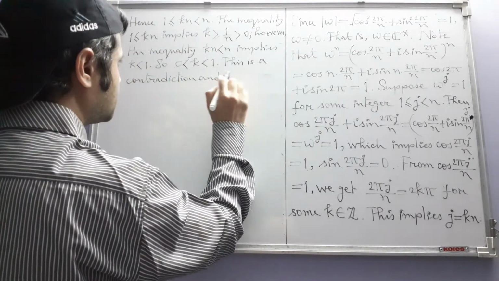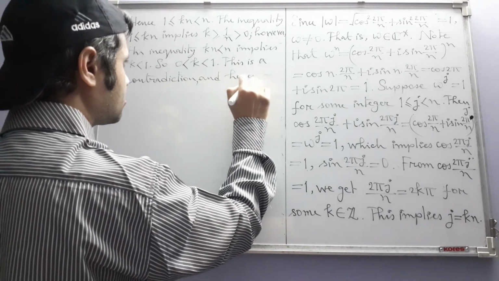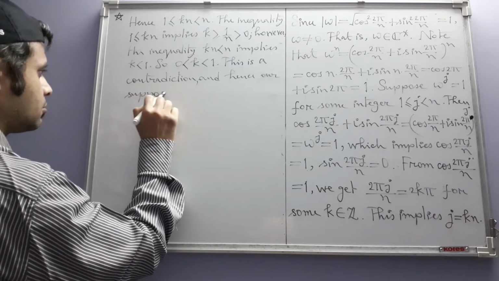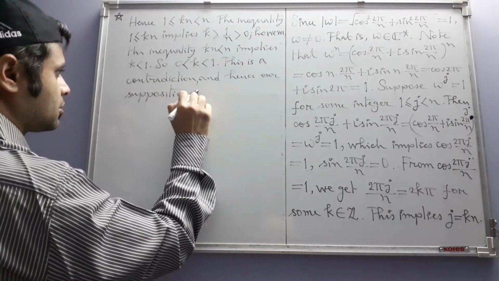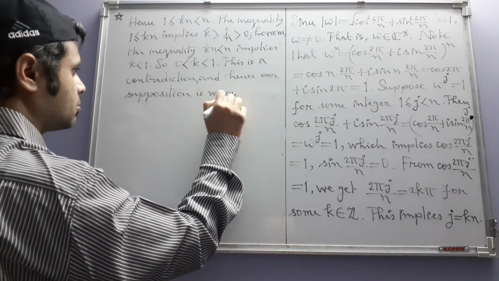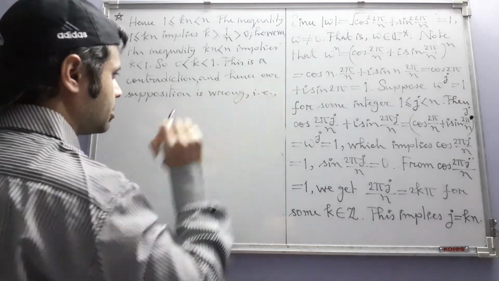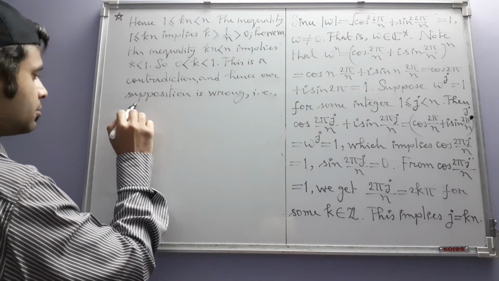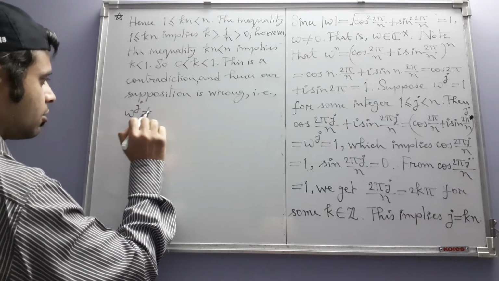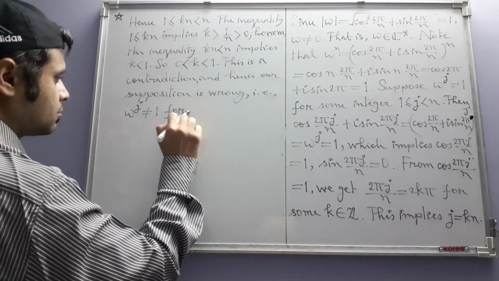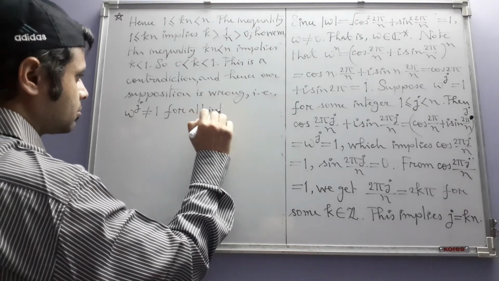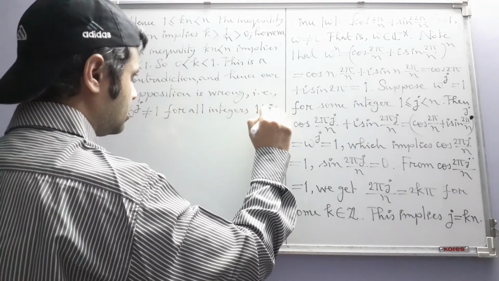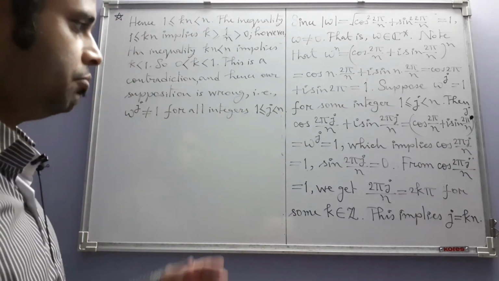And hence our supposition is wrong. That is, omega to the power j is not equal to 1 for all positive integers j less than n, which means what?